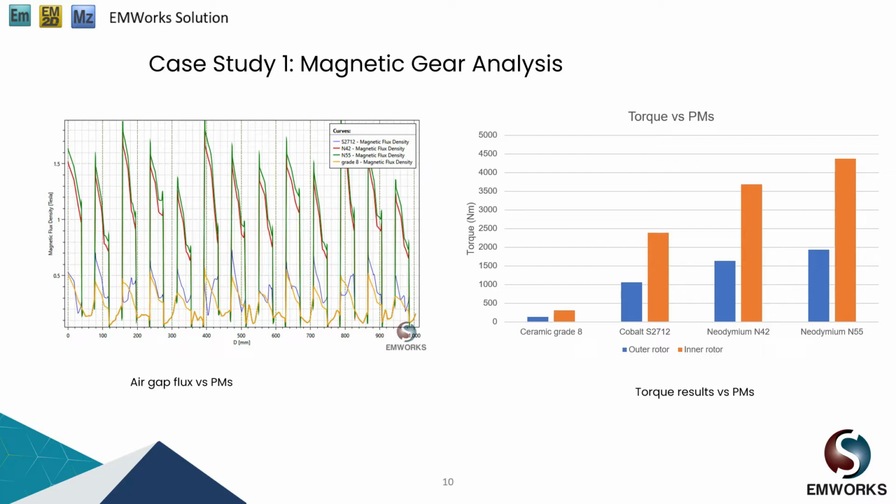So this kind of analysis can help to investigate the use of different permanent magnets. On the other hand, the neodymium is more expensive and has higher mass density. So there will be some trade-off in choosing the permanent magnet.